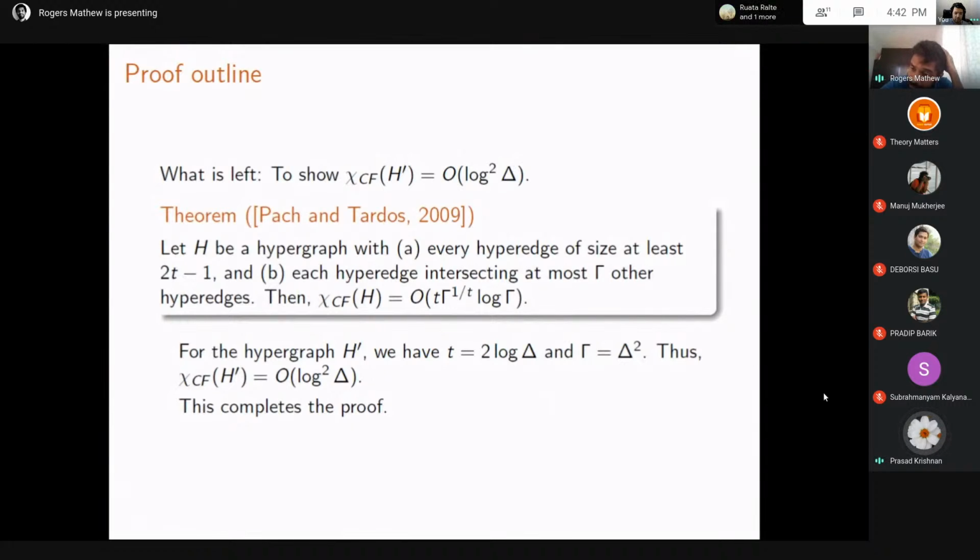Another result known is that if you are given a hypergraph where every vertex or every point is present in at most, let me use some other letter, let's say D, other hyperedges, then the conflict-free chromatic number of that hypergraph is at most D plus 1.